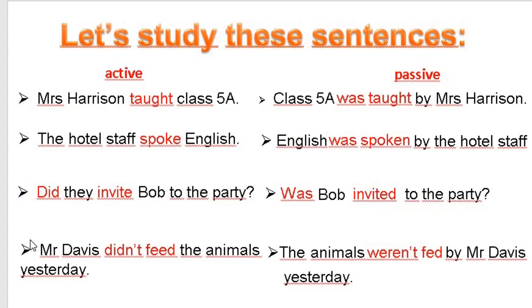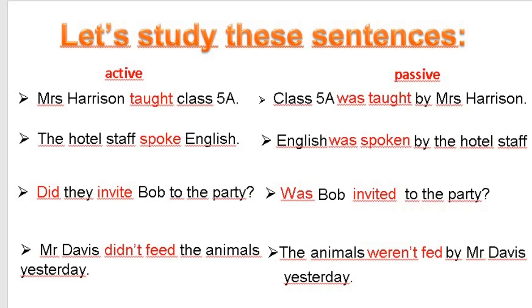Let's study these sentences. Mrs. Harrison taught class 5A. Mrs. Harrison is the subject of our sentence, so she is the person who does the action. What did she do? She taught class 5A. So taught is the verb and it is used in the past tense.